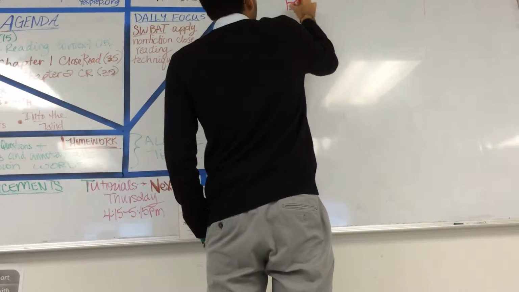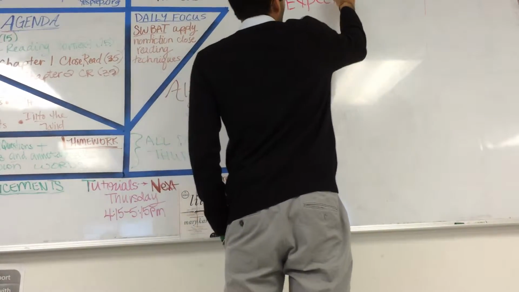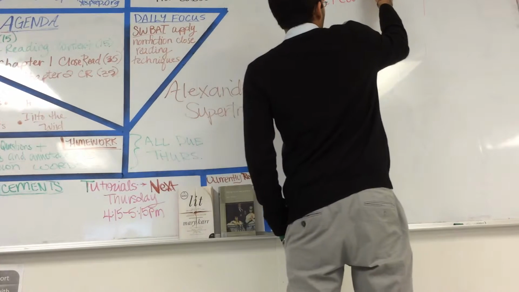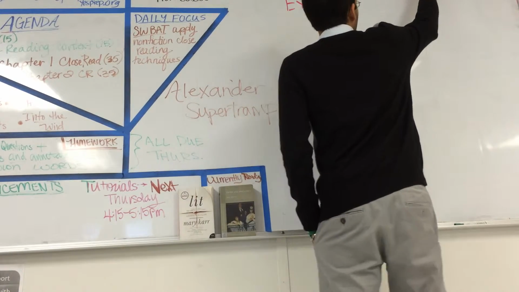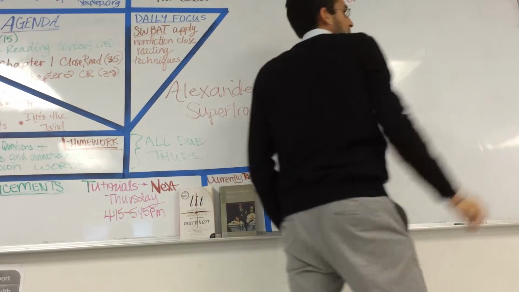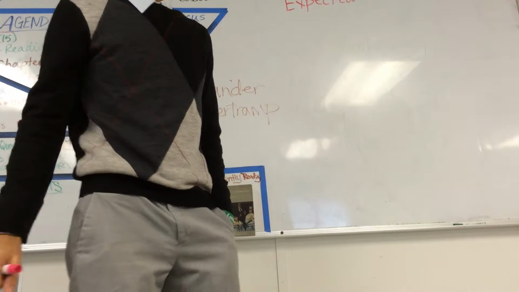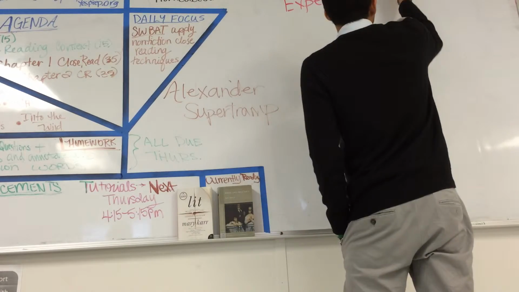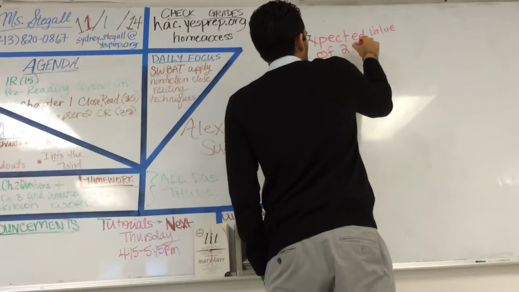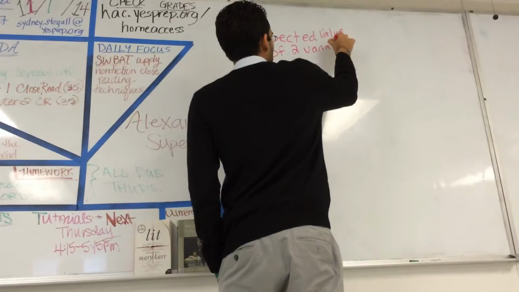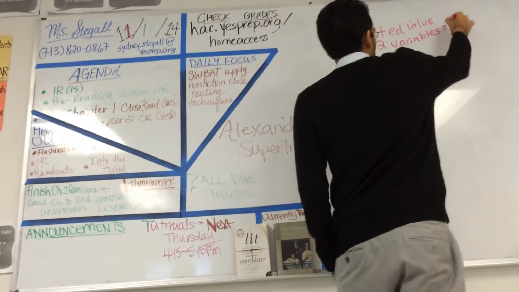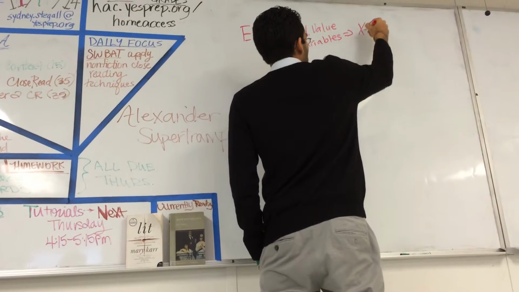So we talked about before that if I want to find the expected value of two variables, then we can just sort of add the variables, right?